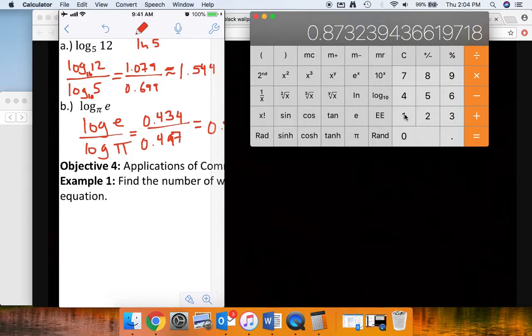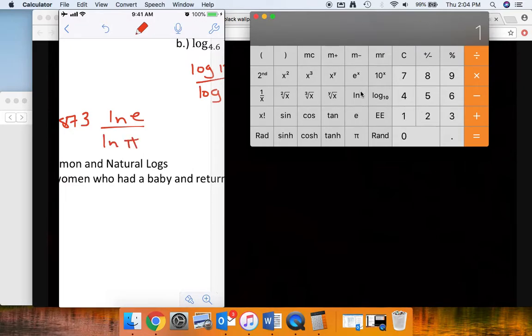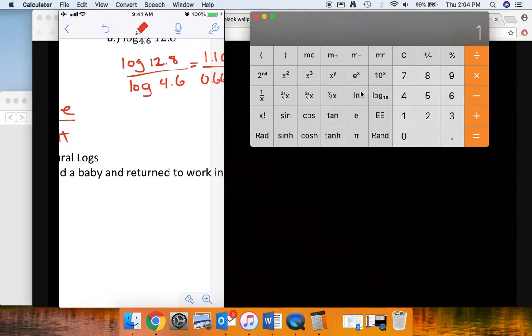I know I did those in the wrong order, but let's take a look at what happens when we use ln. ln of e over ln of pi. Well, what's ln of e? Interesting. ln of e is 1. Why would that be the case? So ln of e is equal to x, right? And that means natural log. So log base e of e is equal to x.